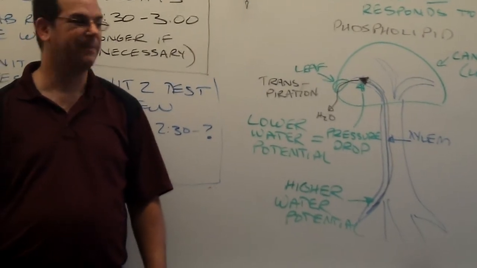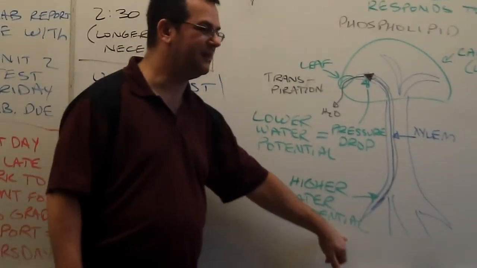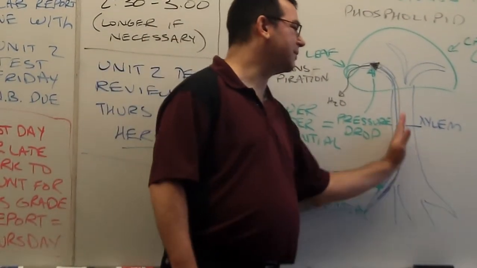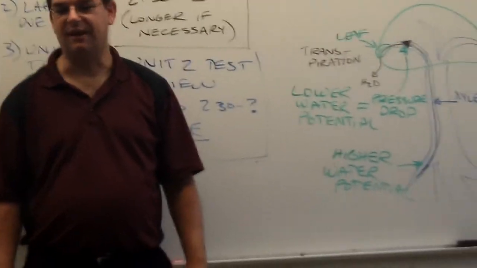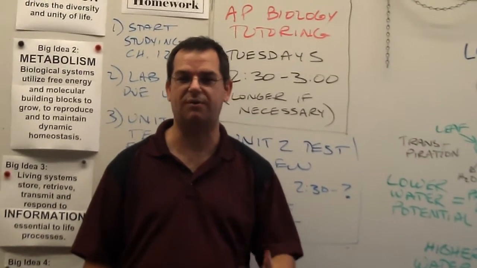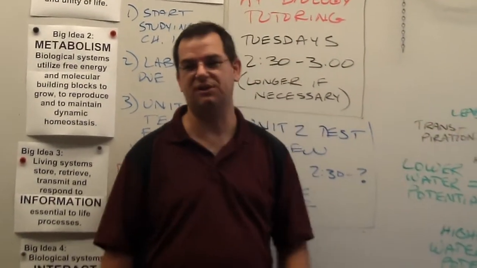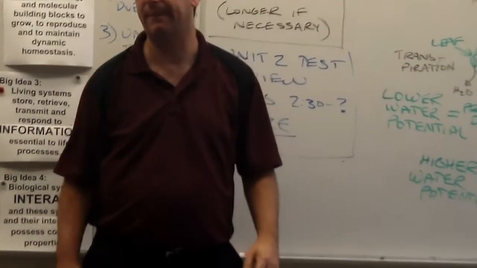Again, because water potential is lower in the leaf than in the root, water moves from the root up to the leaf. Higher to lower. Boom. Again, that's all the plant is doing, it's setting up a water potential gradient where there is high potential in the roots and low potential in the leaves. That causes water to go upward.